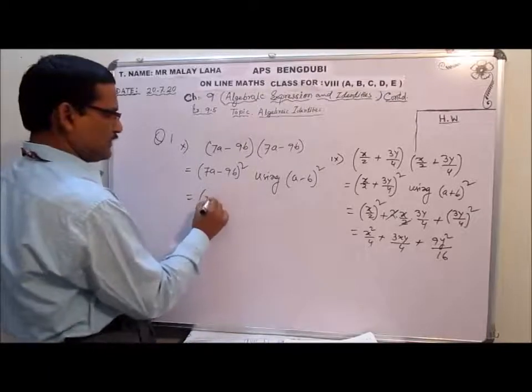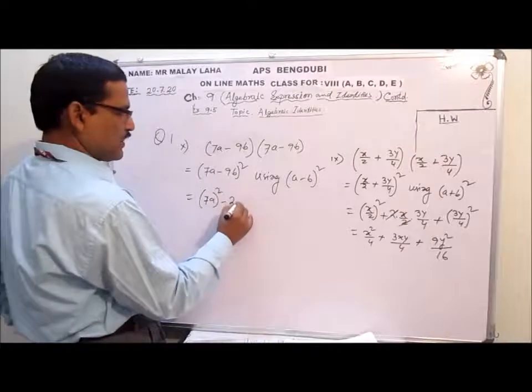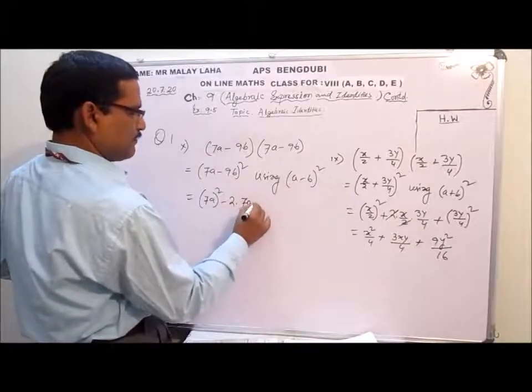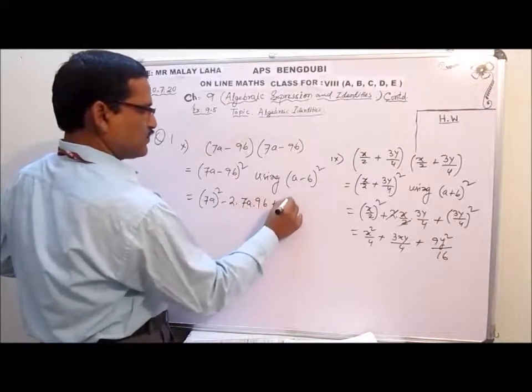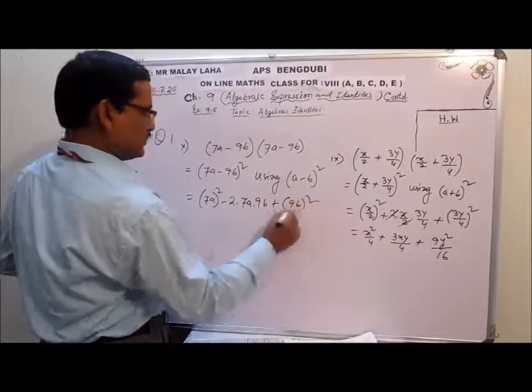So a is 7a whole square, minus twice a means 7a, b means 9b, plus b square means (9b) whole square.